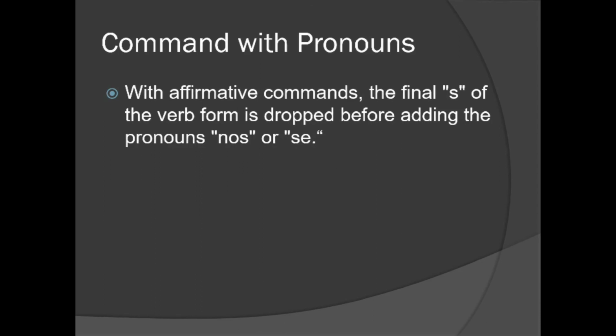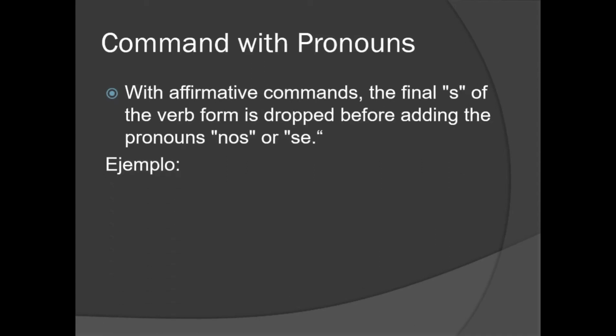So, if you're going to use command with the reflexive pronoun nos and indirect object pronoun se, we have to drop the final s of the verb form before adding those pronouns.